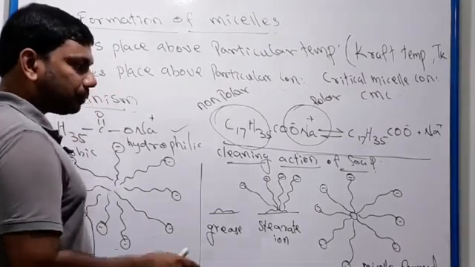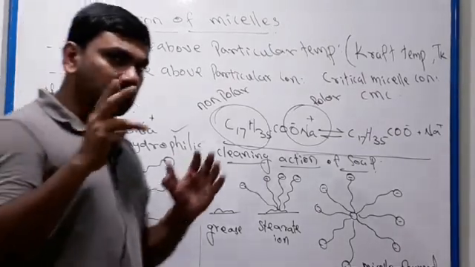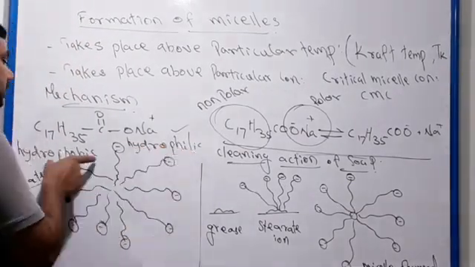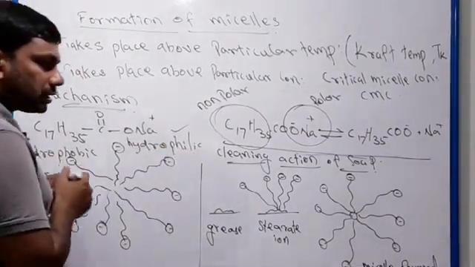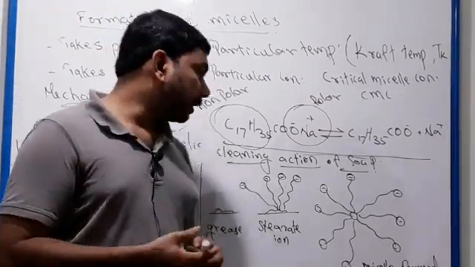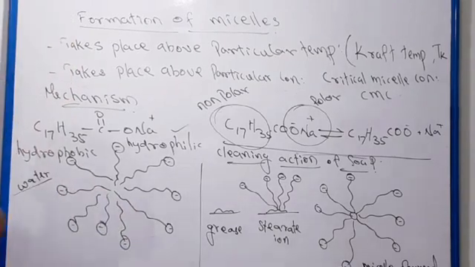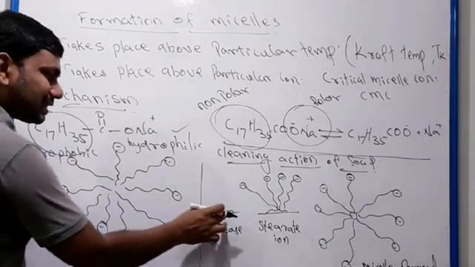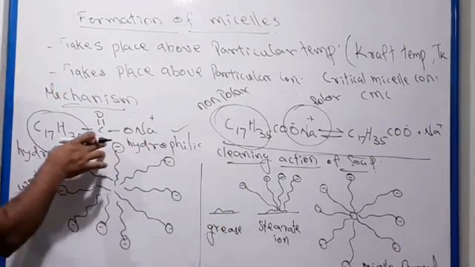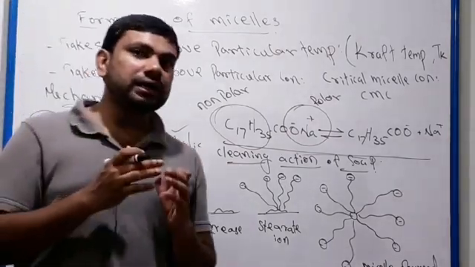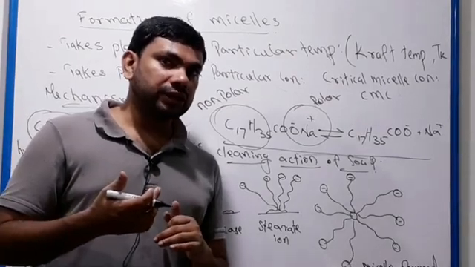We know the soap molecule has two ends: one end is a hydrophilic part and the other is a hydrophobic part. Oil or grease is hydrocarbon, and soap also has a hydrocarbon part. These two ends will attract each other by van der Waals force of attraction.